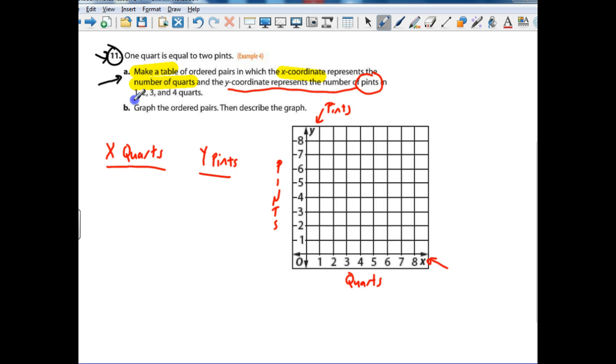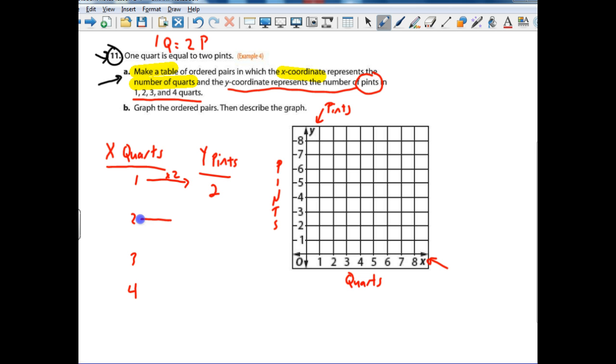So here it says, if I have 1, 2, 3, and 4 quarts, how many pints would I have if I had 1 quart? Well, according to this, 1 quart is equal to 2 pints. So 1 times 2 is 2.